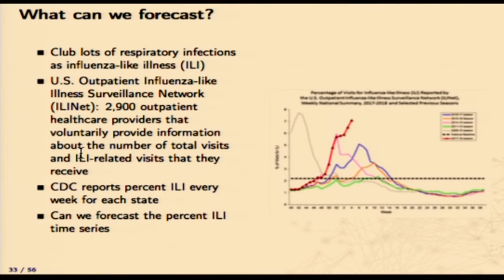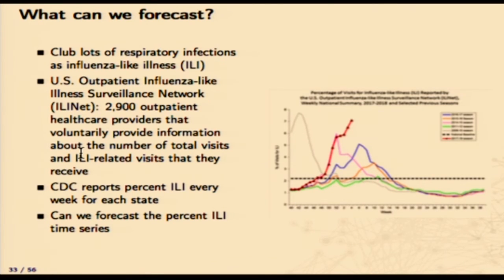The CDC is in this business of trying to forecast, and they run these forecasting challenges. What they ask for is this quantity known as percent ILI visits. This is what it means. They get a few physicians to report how many patients they are seeing and how many have influenza-like illness symptoms. These are basically like you have fever and some cough.